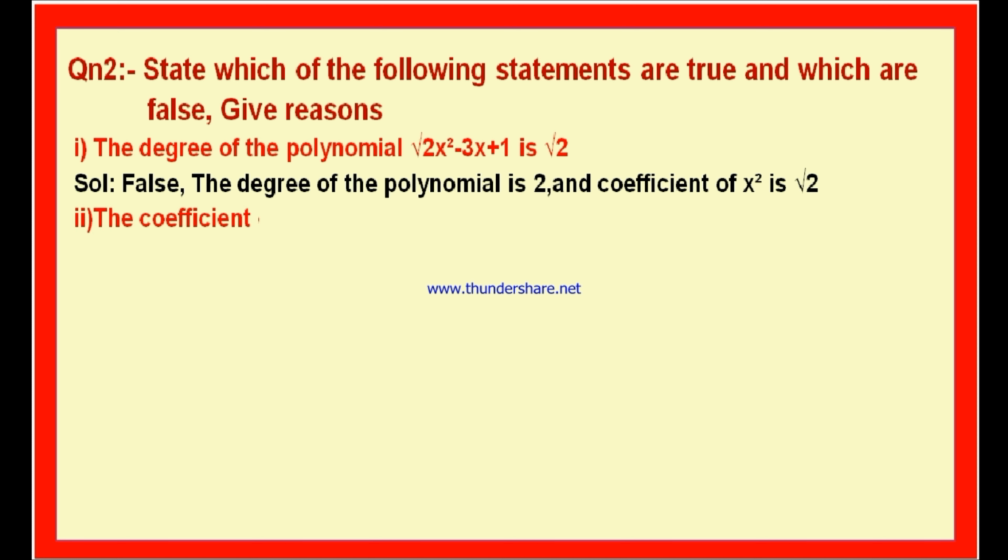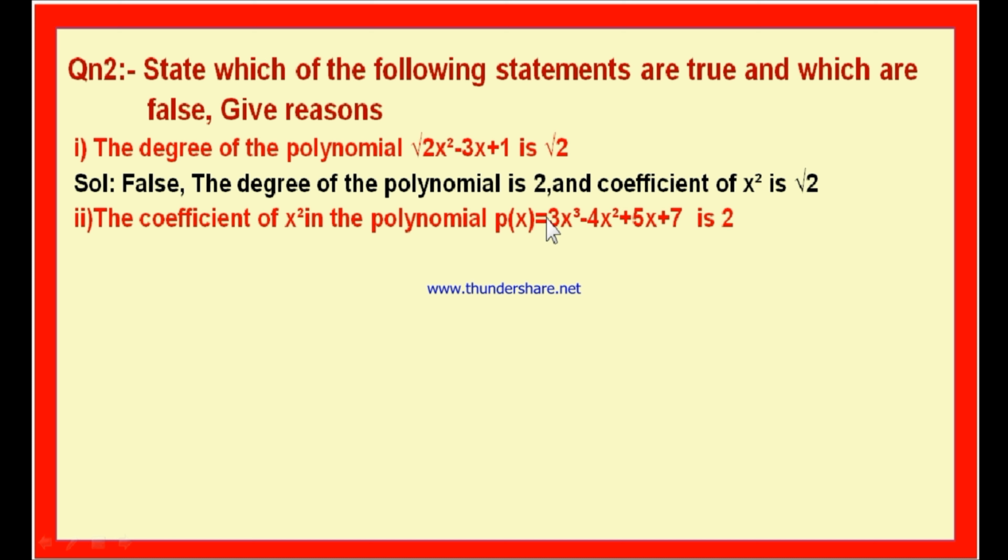Look at the second bit. The coefficient of x square in the polynomial p of x is equal to 3x cube minus 4x square plus 5x plus 7 is 2. I shall repeat. In the polynomial, you can find the x square term, minus 4x square. This x square is multiplied by minus 4.